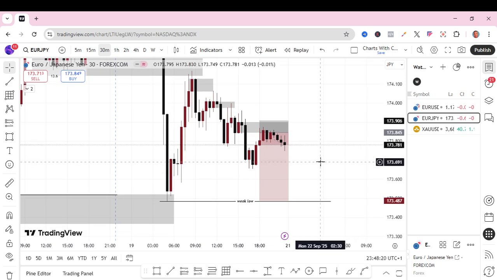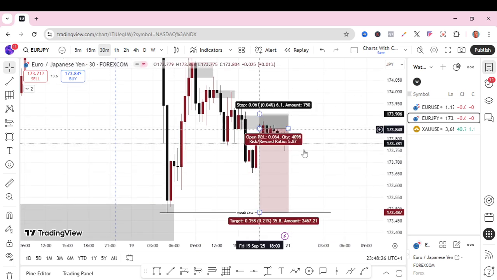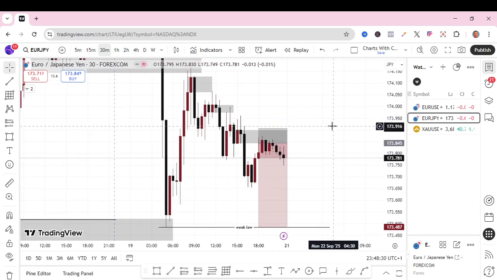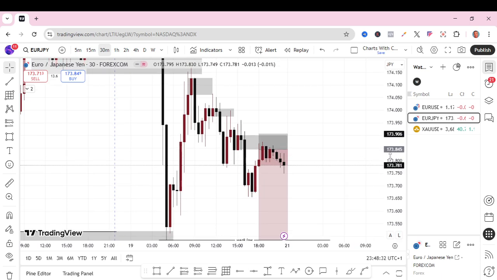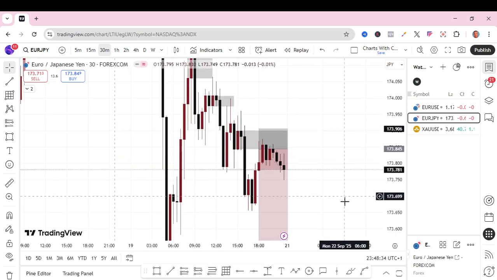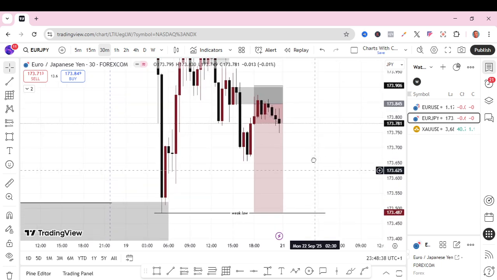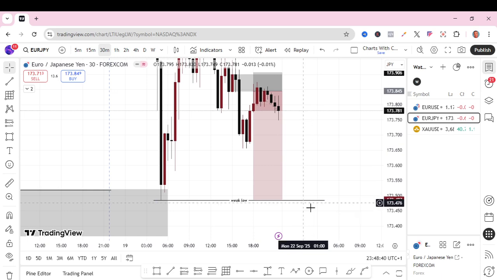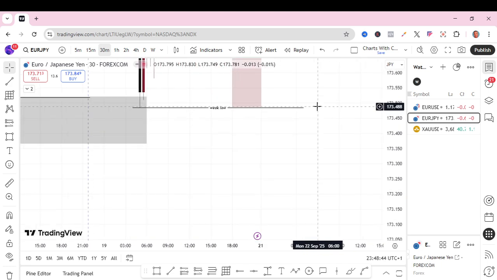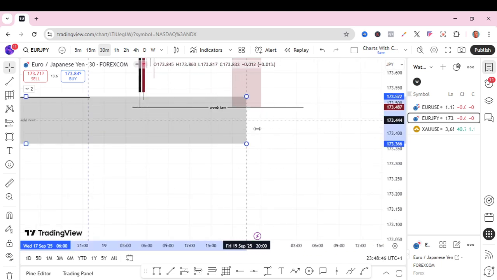So by next week, if I have to buy, I would want to see a supply fail, right? Because from all indication, we are selling. I wouldn't want to take a buy now until this weak low is taken out. And remember, we are still within the body of the weekly candlestick.